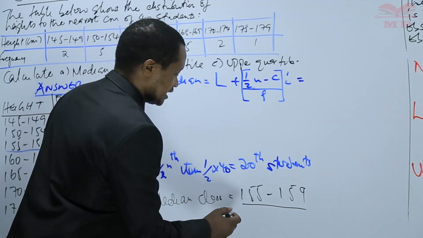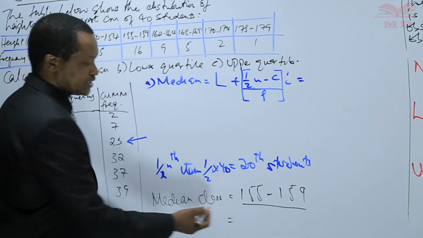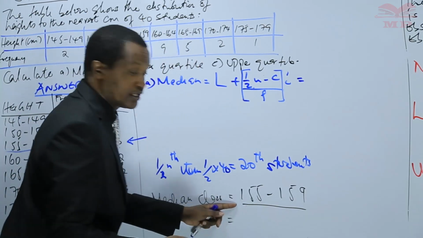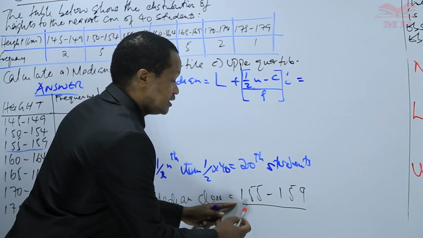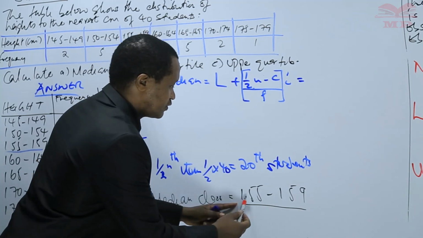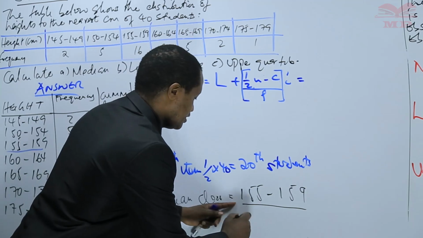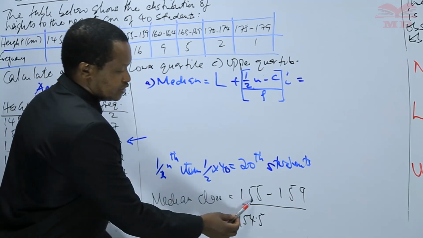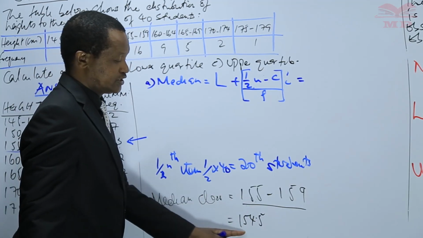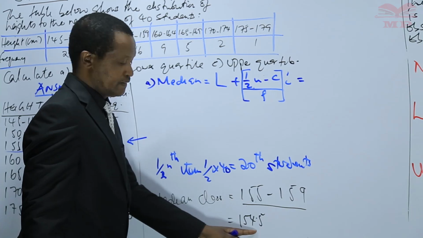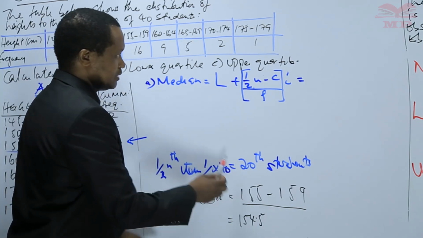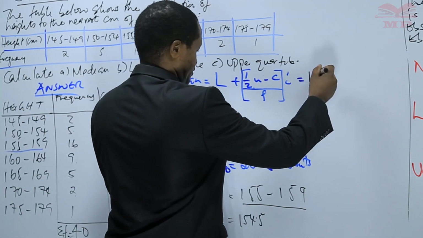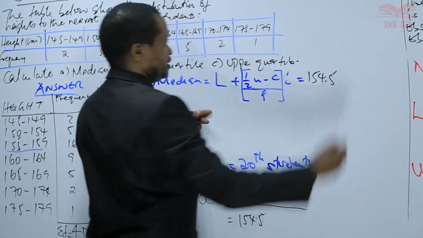So what is the class boundary here? This is the class limit. We need to calculate the class boundary. For the lower class boundary, we simply deduct 0.5 from 155, and this will give us 154.5. So the lower class boundary is equal to 154.5.